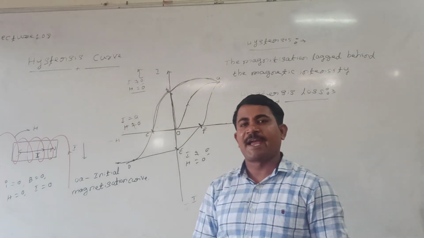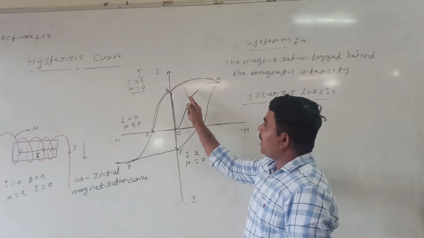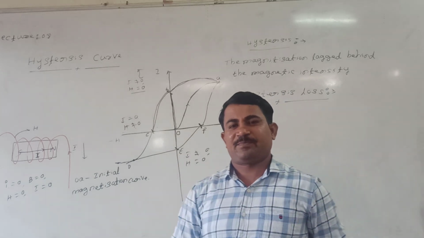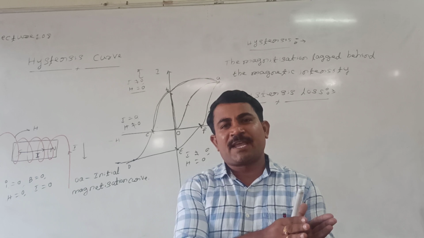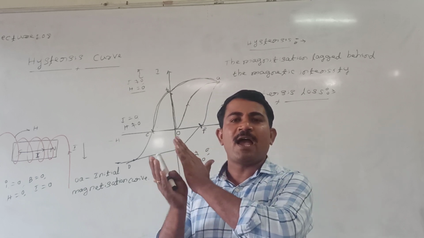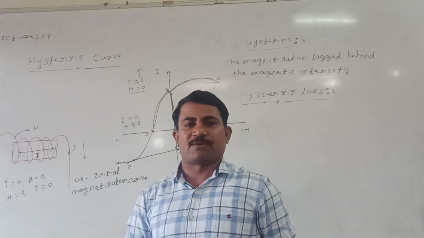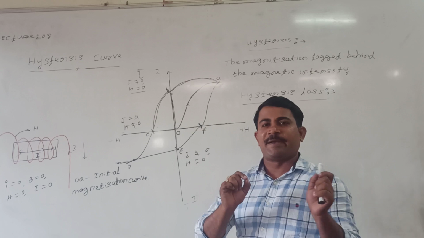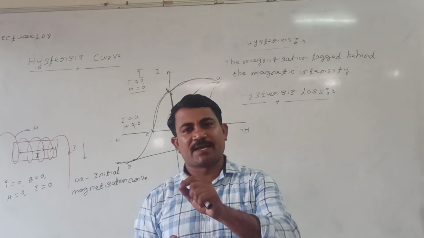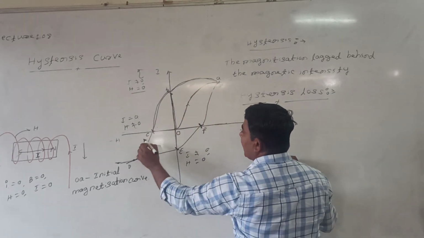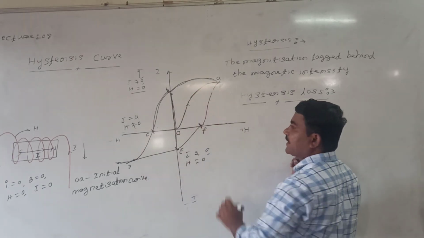One thing. How much area this loop has, that much amount of energy is wasted. That is, the amount of energy wasted is directly proportional to the area enclosed by the hysteresis curve. The more the area of the hysteresis curve, the more the energy is lost. The bigger the area of this loop, the more the energy is lost.